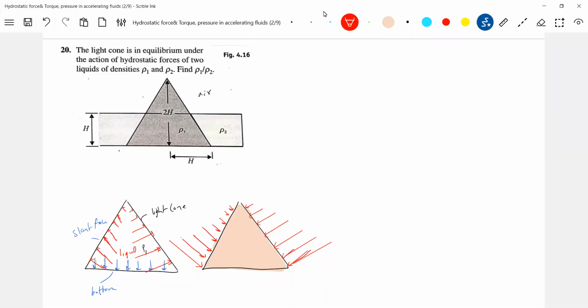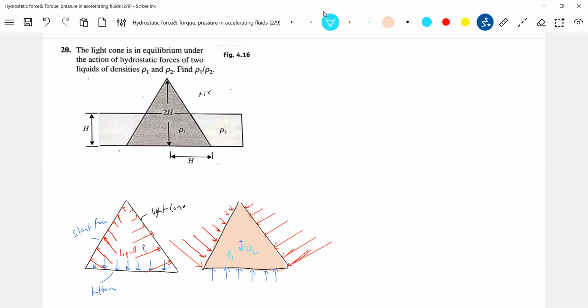In turn, the bottom will also exert force, and there is the weight of the liquid. So this is the liquid column. What is the radius of this? 2r. So these are the forces acting on the liquid column.